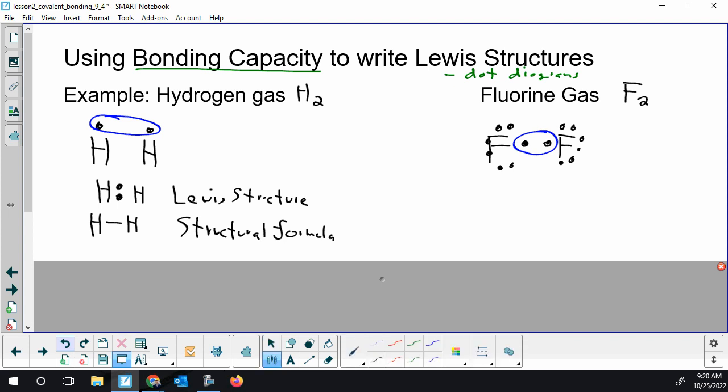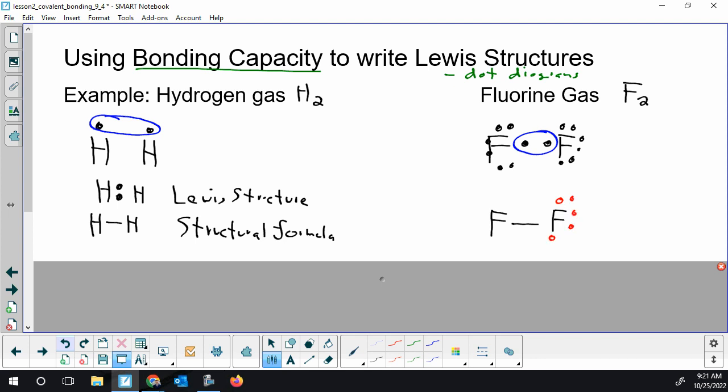Now the structural formula replaces the bonding electrons that I've circled in blue with a dash. Now you're not supposed to show any of the lone pairs in structural formulas, but in Chem 20, we want you to realize these dots.